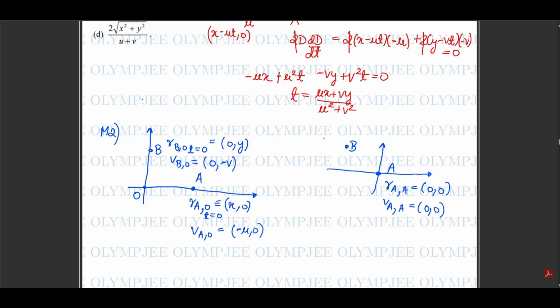It is not moving. And the position of B with respect to A at time t is equal to 0 can be given as minus x, y, and the velocity of B with respect to A can be given as u, minus v.